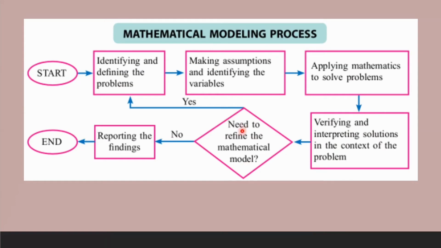Until here, you need to ask yourself, do you need to refine the mathematical model in the question you are solving? If yes, you need to repeat from the first step. If not, you can go directly to reporting the findings and then end.